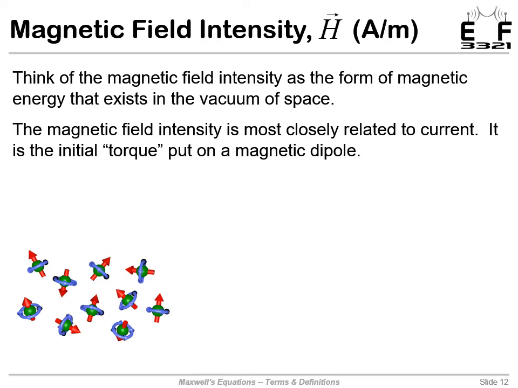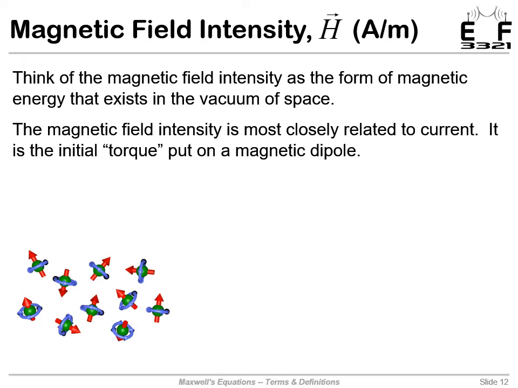So the magnetic field intensity, H, has units of amperes per meter. So this is most closely related to current. And later on, when we talk about magnetic fields around currents, we will talk about this through the magnetic field intensity H. This is also what puts the initial torque on a material.